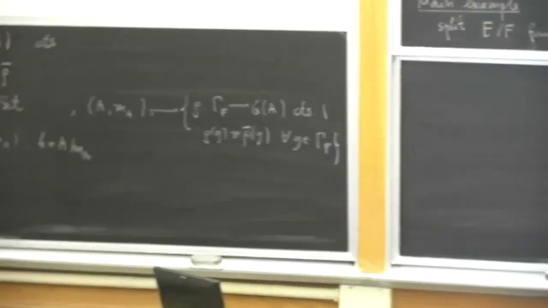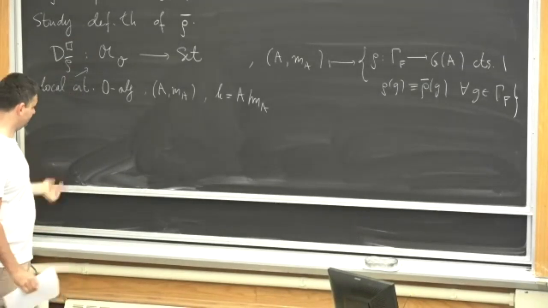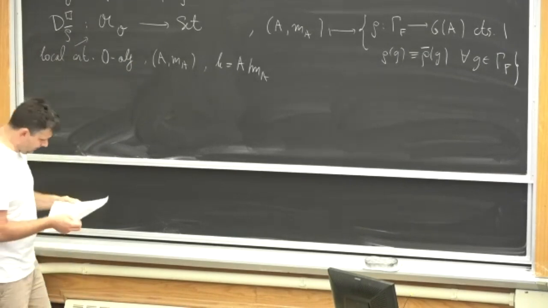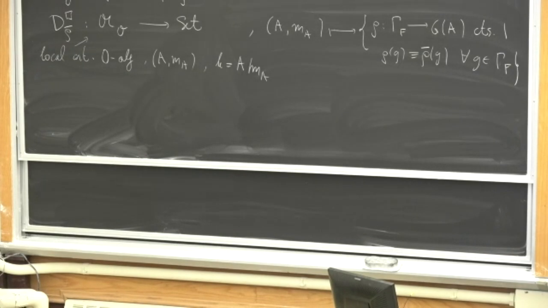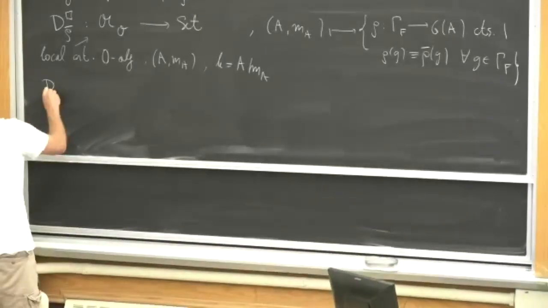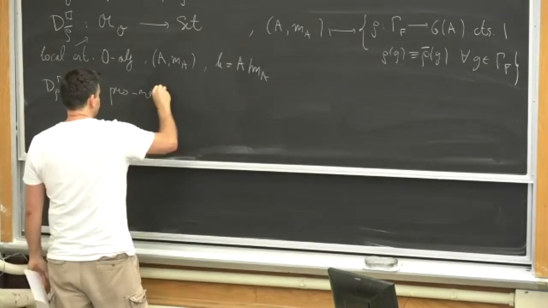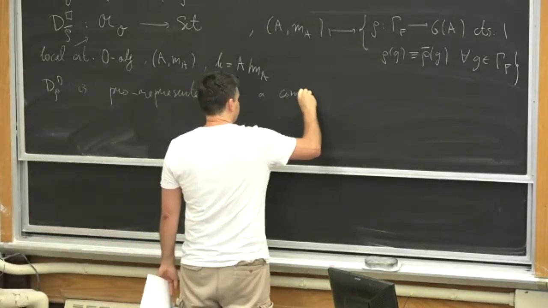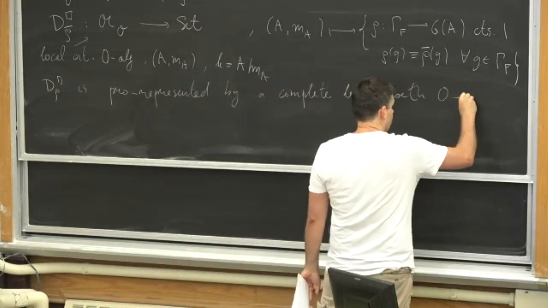Okay. And so Toby put complete local Noetherian rings here. I prefer to work with Artinian rings. Fine. So now this functor is represented by a complete local O-algebra.